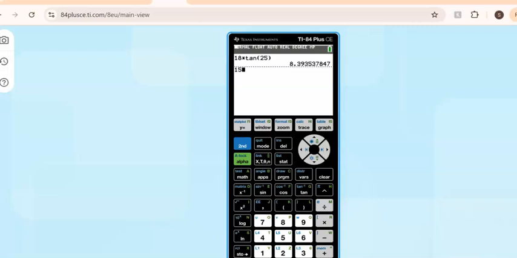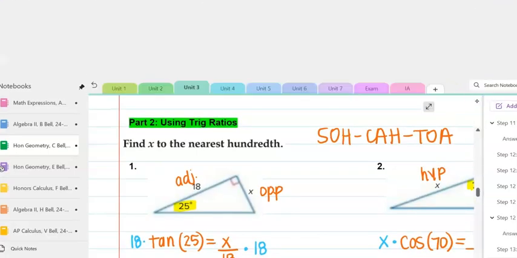You can just do a regular old division problem and type it in just like that. If you are one that likes the fractions, because we saw it as a fraction, we can always do our alpha y equals and do 15 over the cosine of 70. And we get the same thing. Remember, we're rounding to the nearest hundredth, so this 5 is going to become a 6 because of the 7. So 43.86 would be our answer.